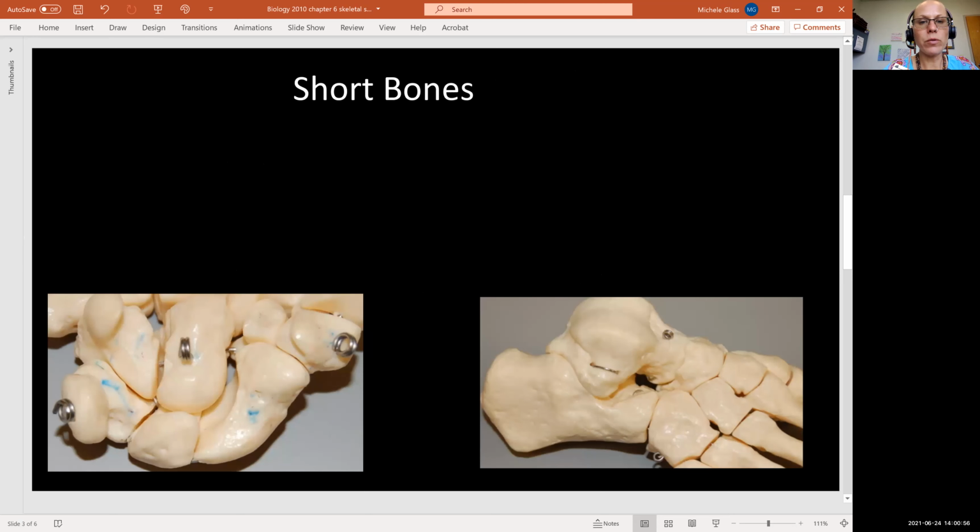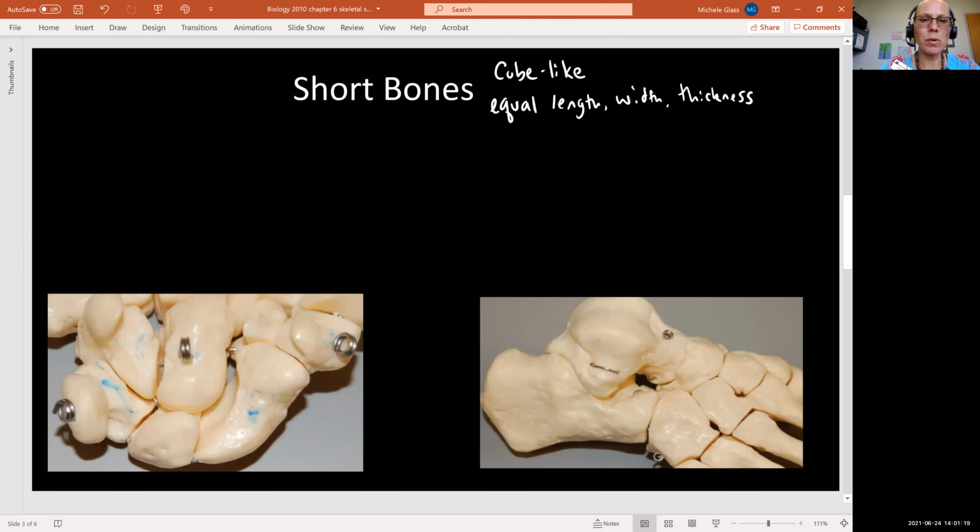The next type of bone for us to look at is called a short bone, and this is short as in cube-like. These are going to have equal length, width, and thickness.